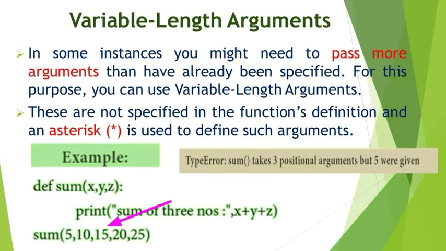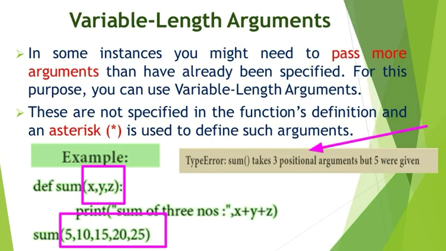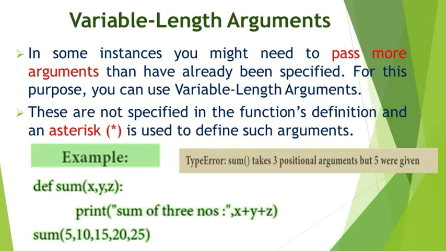But in the function call, sum, within the parenthesis, 5 values are given. In the function definition, only 3 parameters are given. But in the calling function, 5 arguments are given. So for this code, you will get a syntax error, because you have given 2 extra arguments.